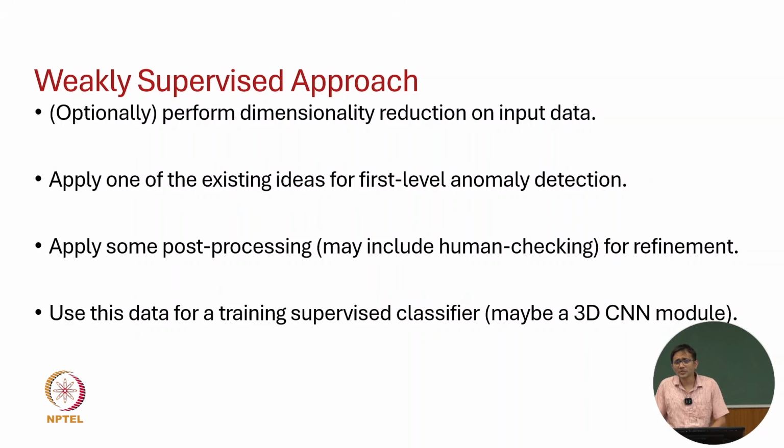Maybe it's a 3D CNN module. We have talked about the possible classifiers in the context of hyperspectral image analysis before. So one of those supervised modules we can now train with this data which we have obtained using another anomaly detection approach and with some refinement.